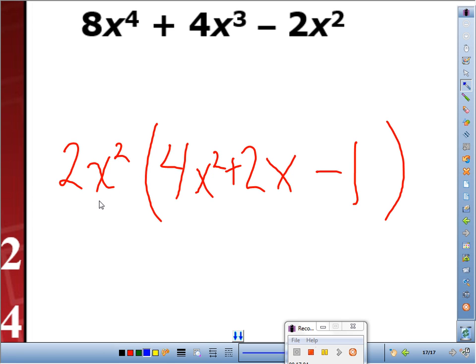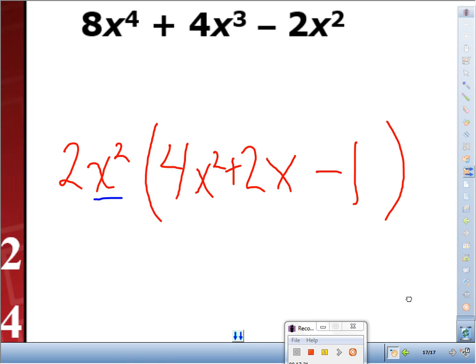What was the variable that we used for the GCF? X squared. What is the smallest variable of this whole thing? X to the second. Therefore, what can we conclude? The GCF has to have the lowest variable. Did everybody catch that? Yes?